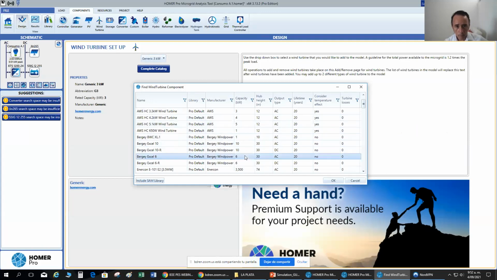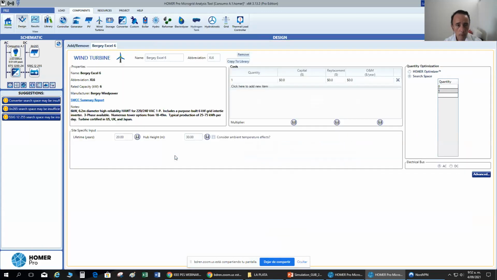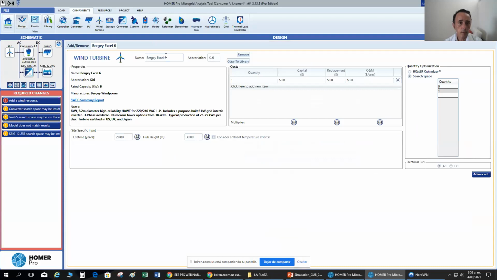Just for fun, I'm going to include this one, a 6 kilowatt Bergey system. It says 220 voltage AC. So it decides to connect it to the AC bus bar in the schematic. Look at it here.